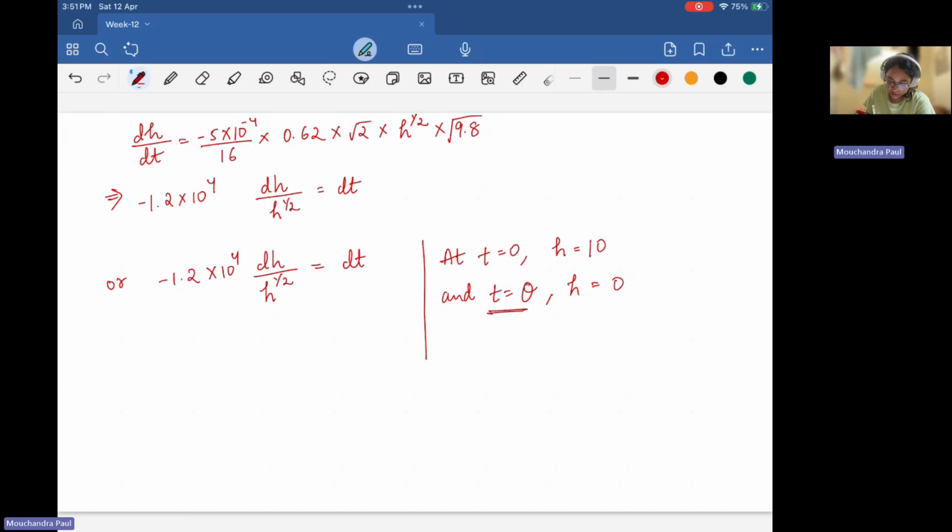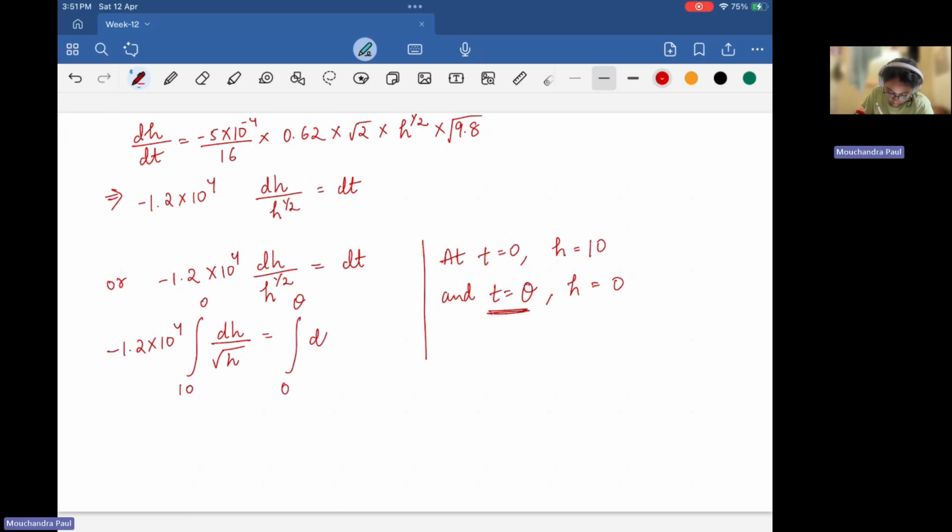So we have to basically find the value of theta, then our answer will be done. So let's integrate it. The constant values will come out. Here height will vary from t equals to 0, height 10, to 0.